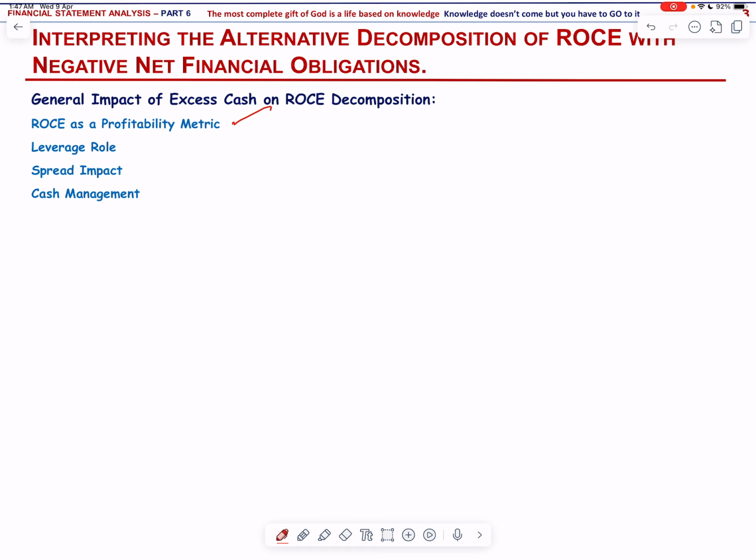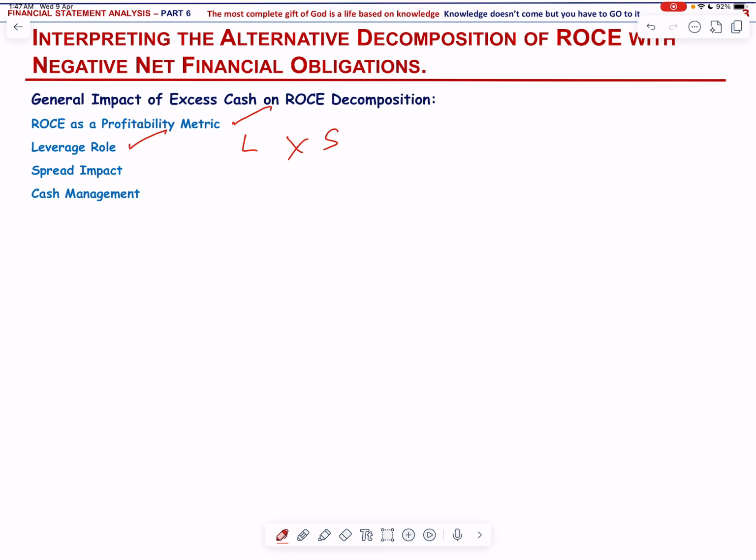The leverage becomes a non-factor if there is no debt. So the second term, that is leverage into spread, disappears. The company's overall performance is then solely driven by its operating return on assets.